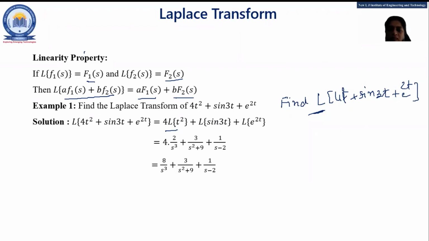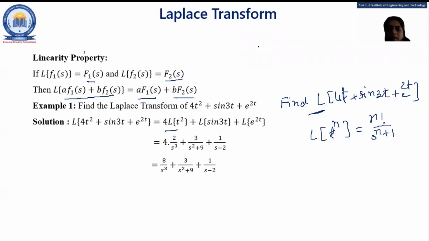Now, for the first term, Laplace of t square, we apply the Laplace of t raised to n formula. And here our n is 2, which is a whole number. So we apply the factorial formula, that is n factorial upon s raised to n plus 1. So that is 2 factorial upon s raised to 2 plus 1. So first is 2 upon s cube.